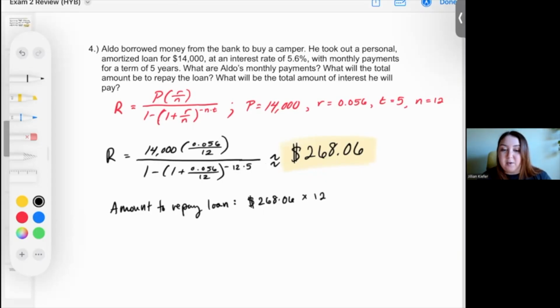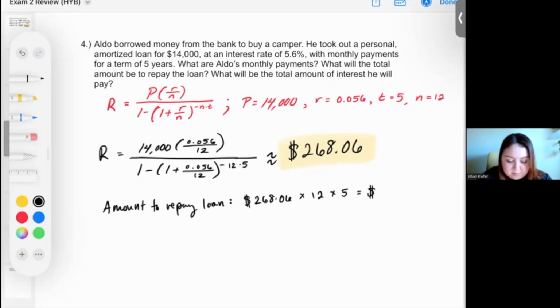So that value there would give us how much is in a year, but we want how much is in 5 years. So we multiply $268.06 by 12, and then multiply times 5, and that total should bring us to $16,083.30.